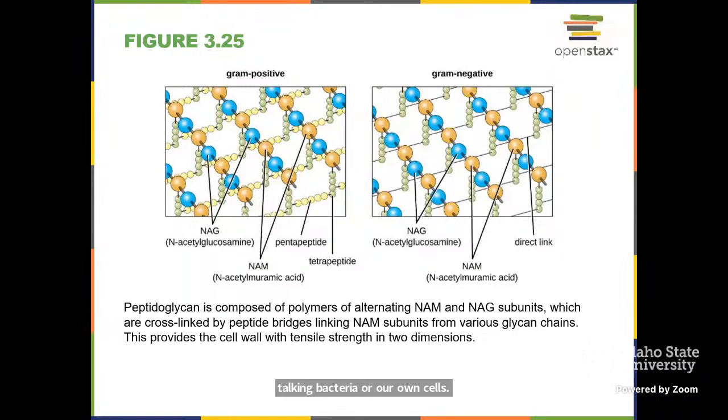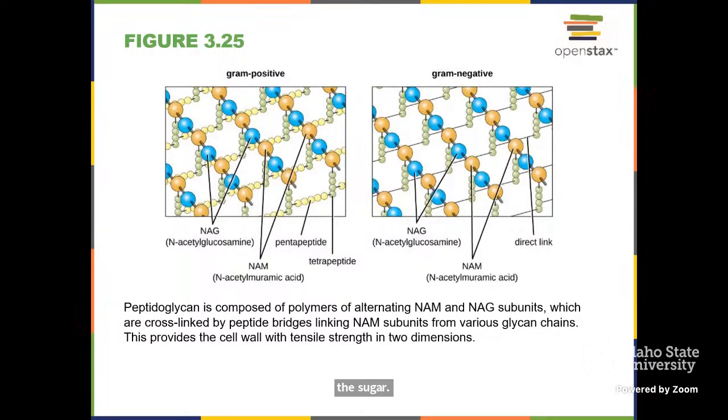So this image is of the cell walls of bacteria, because we've got the positives and the negatives together. The cell wall material in bacteria is made up of a cross-linking of sugars and proteins, and we call it peptidoglycan, all right? The peptido is the protein and the glycan is the sugar, and they are linked together.